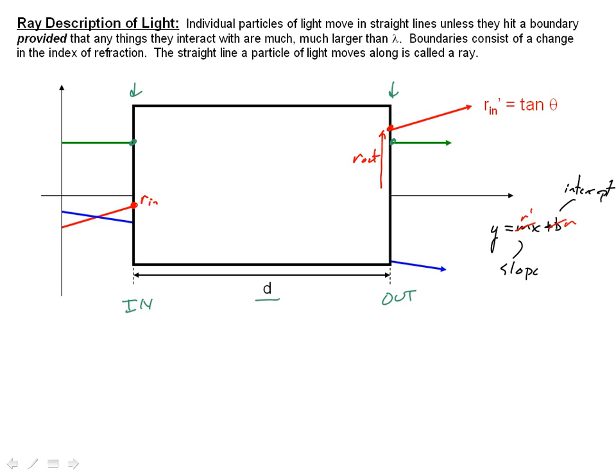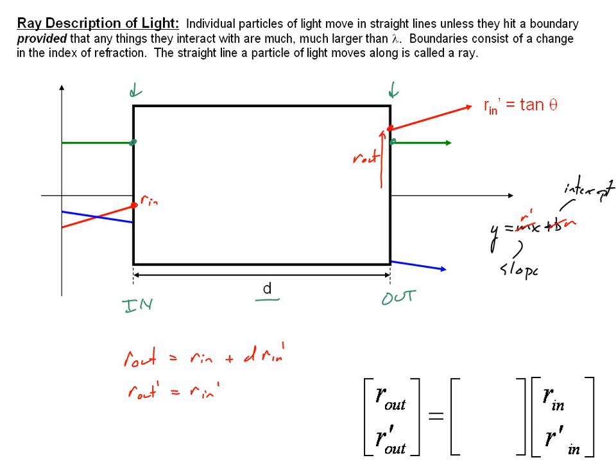For propagating through space with a line going straight, r out equals r in plus the distance d times the slope of the line. And we know the slope of the line that comes out is unchanged from the slope that goes in. So these two equations pretty much describe propagation of a line through a length of space d.